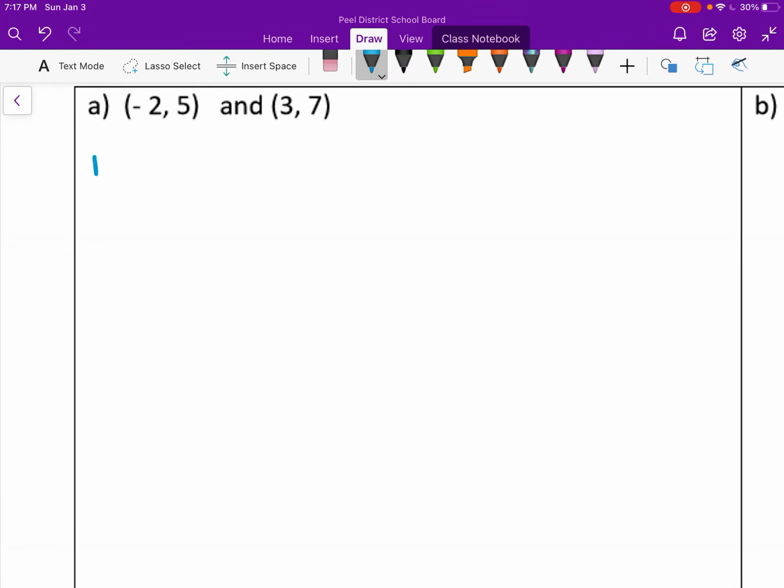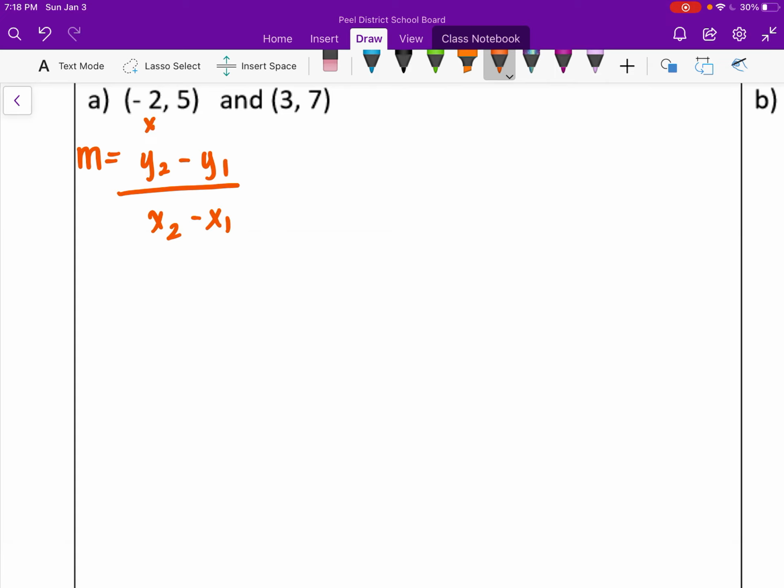So let's put back the equation for slope. I'm actually going to put over here on this side, in orange, I'm just going to find the slope. Slope is equal to y2 minus y1 over x2 minus x1, right? So I'm going to say this is my x1, y1. This is my x2, y2. That's the way that makes the most sense for me. So you do 7 minus negative 2... oops, sorry, my apologies.